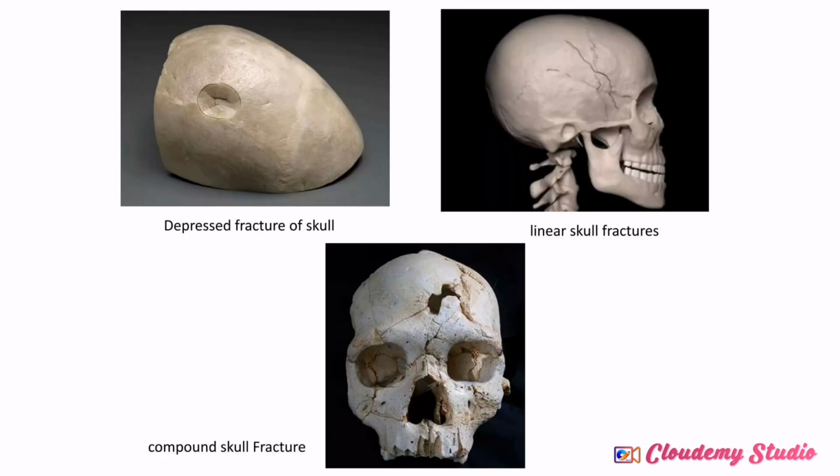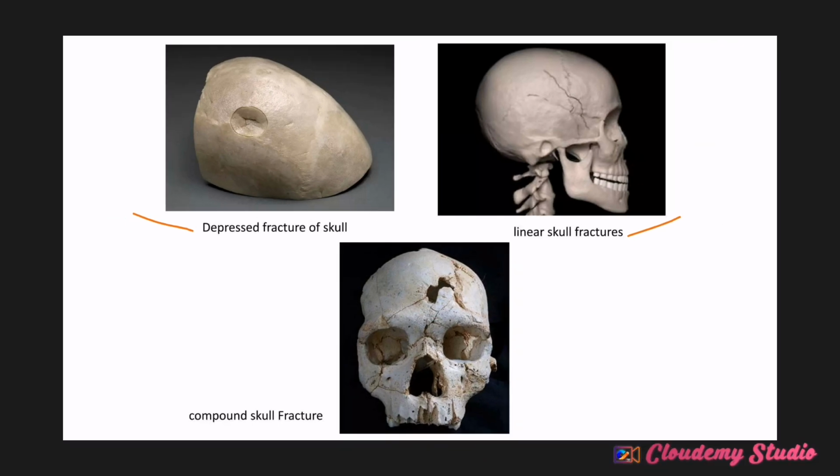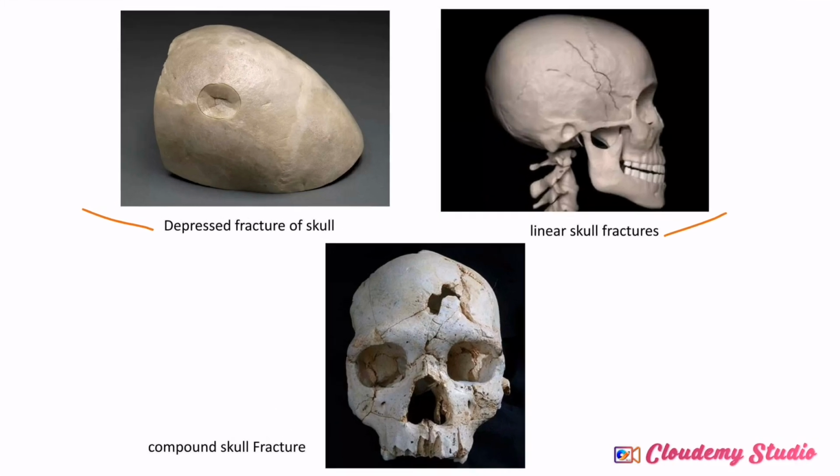Yeah, so depressed fracture of skull here, then we have linear skull fracture, and the last one, which is compound skull fracture. So this is the compound skull fracture. As you can see here, this is where they are talking about, and this part, as well as how you are seeing this. Okay, all right, let's move.